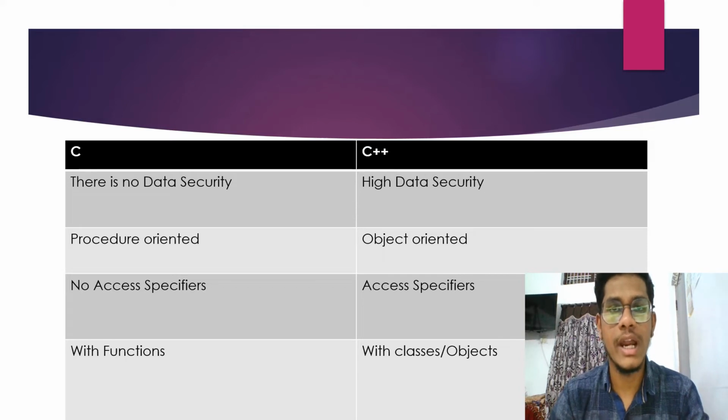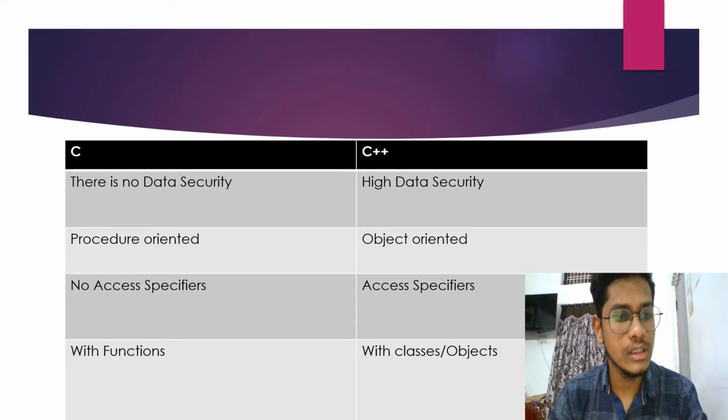Anyone can access the data members present in a procedural language's functions. There are no such restrictions in C. Whereas in C++, there is high data security. For example, if you are going to a bank, there is high security for accessing the money or account balance, right? In such an application, C++ will be very useful.